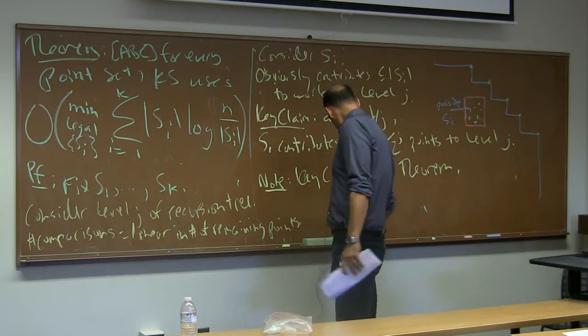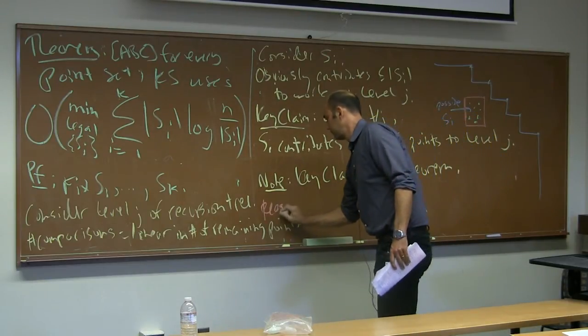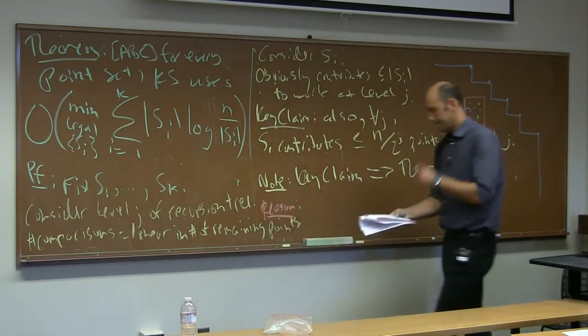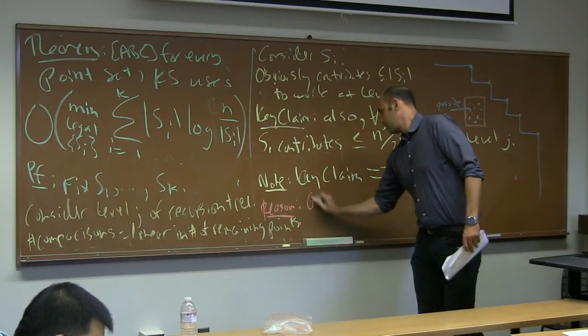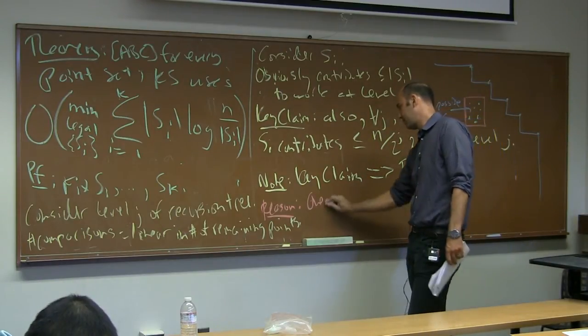So why? Suppose this is true. Suppose the key claim is true. So we have these two different upper bounds on the surviving points from S sub i.